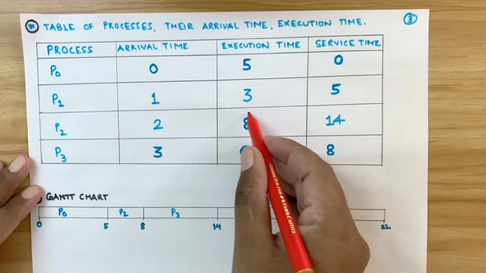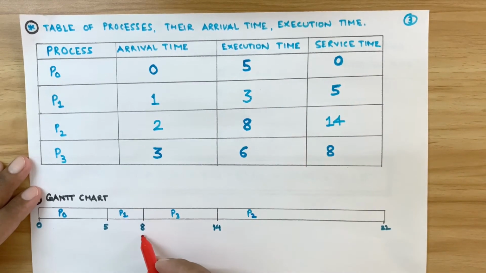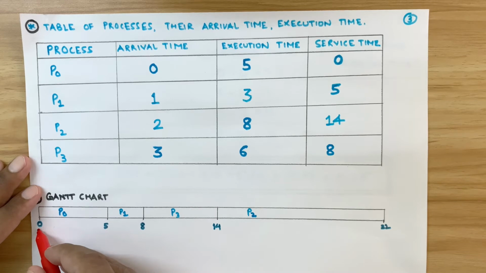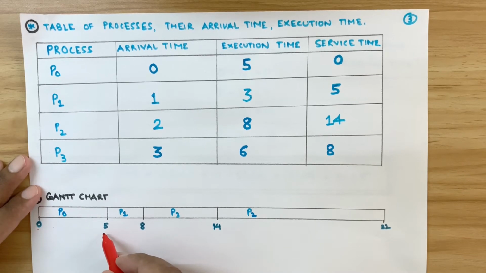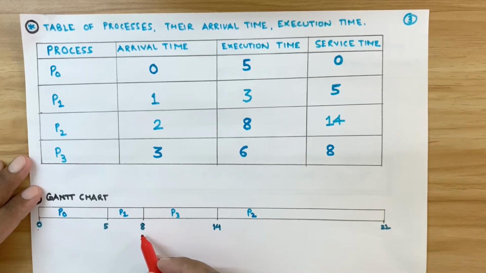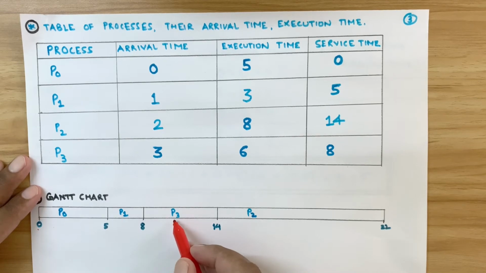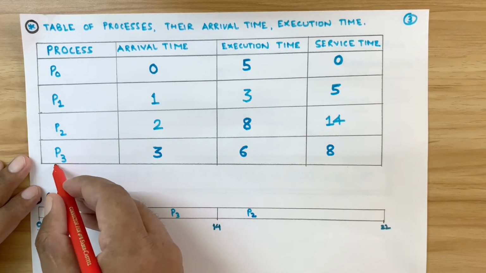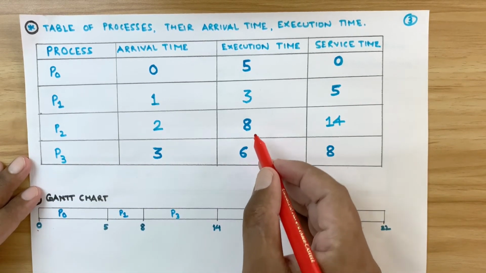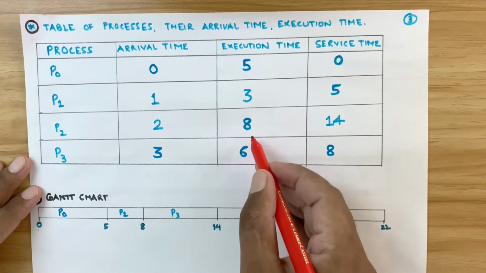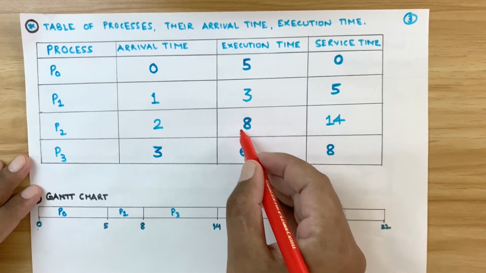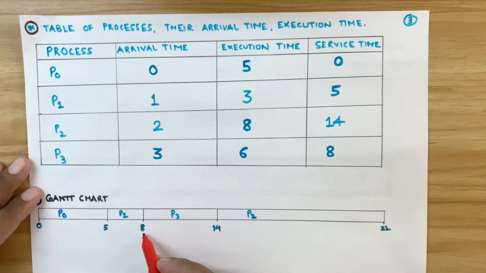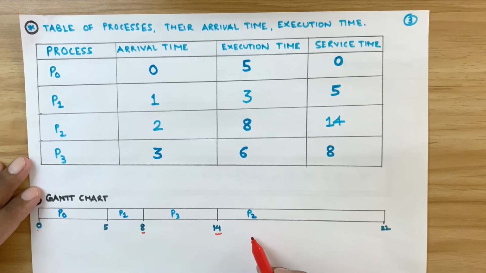And in this Gantt chart I will show you, 0th second P0, then in 5th second P1, then at 8th second P3 will start. Which one is P3? P3 is the last one. Why? Because its execution time of 6 seconds is less than the 8 seconds of P2. Hence this will continue for 6 seconds from 8th second to 14th second.